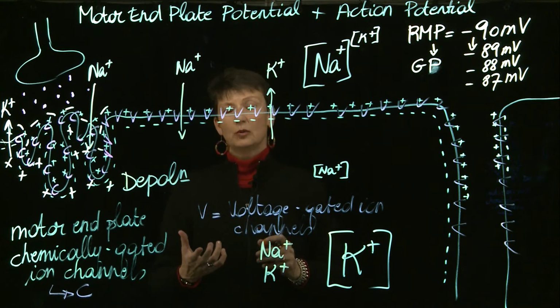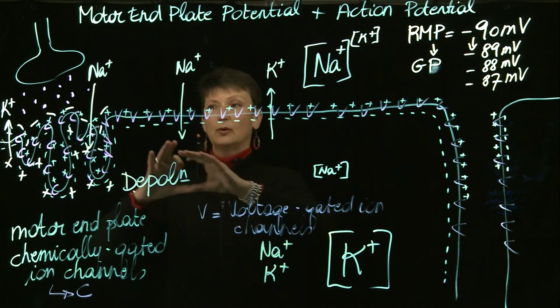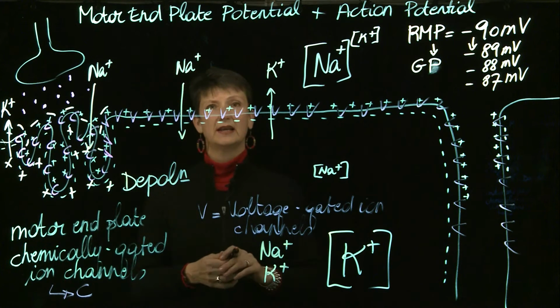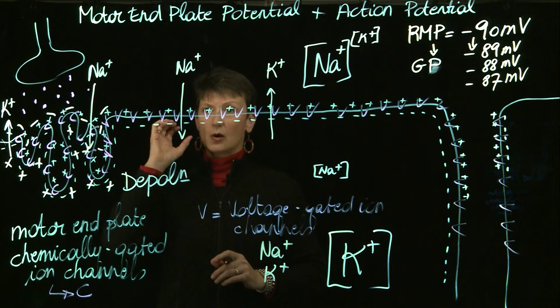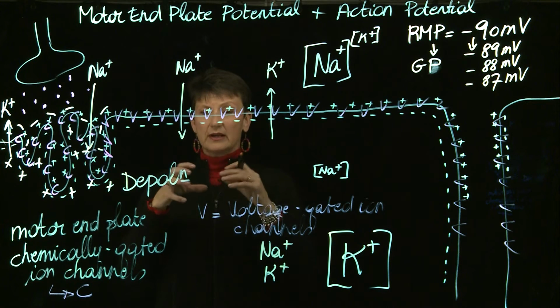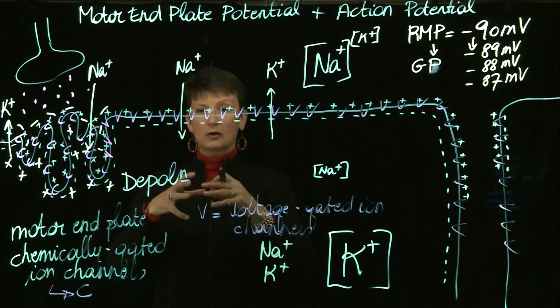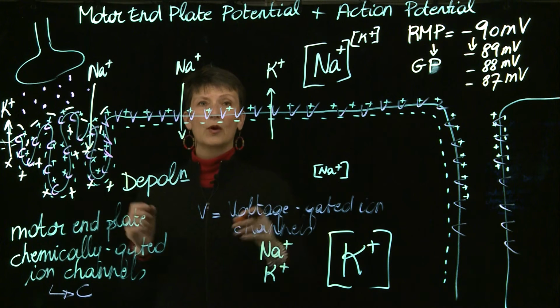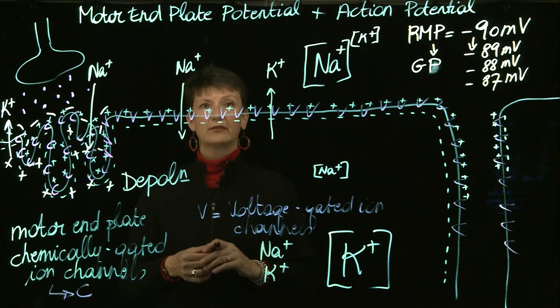So the way to visualize this depolarization that is occurring everywhere where acetylcholine is binding is that we throw a rock in a pond of water, and nearby where the rock hit the water, the waves are the strongest, and further away from where the rock hit the water, the waves are not as strong.